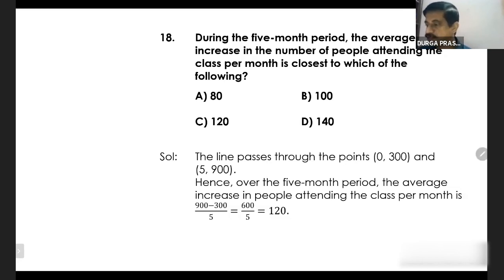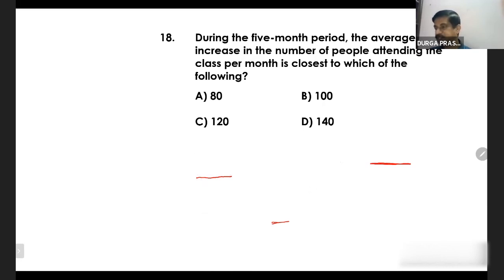When it is 0, just at the start, it was 300. And when you go to the 5th month, it is 900. Hence, in the 5-month period, the average increase of people is 900 minus 300 divided by 5. So that is 120. Let us go back to the graph and understand once how the plotting is shown.